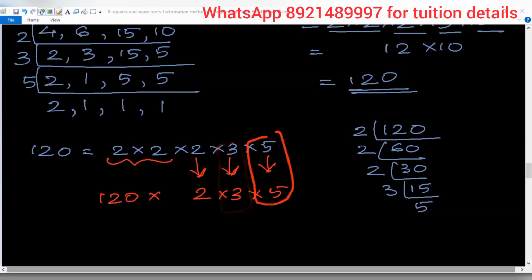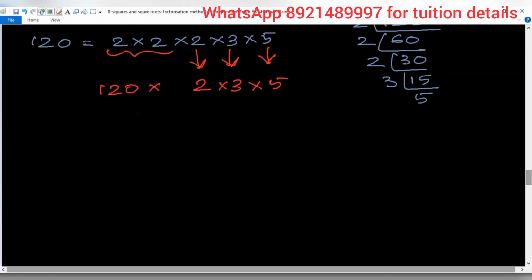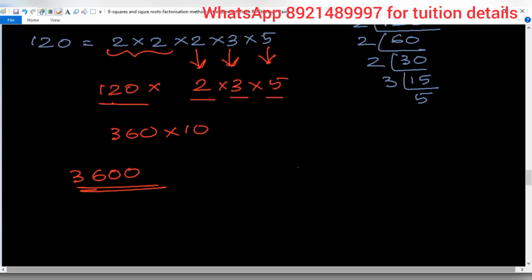So we have to give those 3 digits again. Now multiply these. 120 into 3, that is 360. Then 2 into 5, that is 10. So the least square number which is divisible by all those given numbers is 3600.